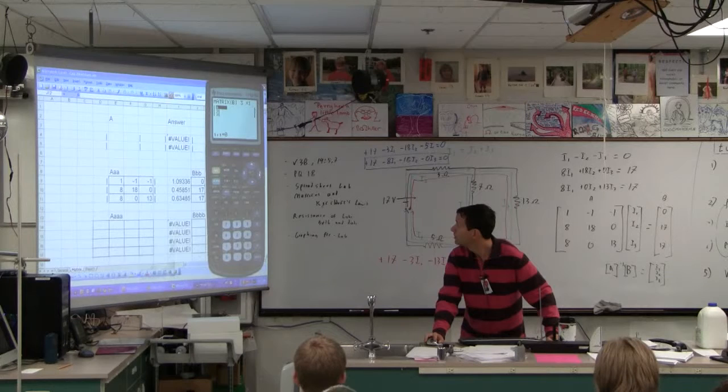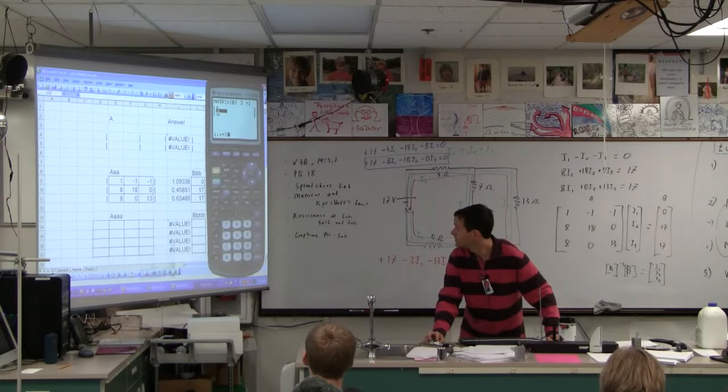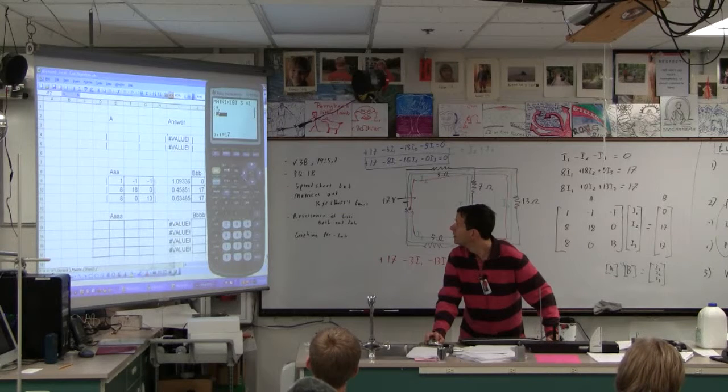And then 0. Zero is what I want there. And then I want these guys to be 17. And 17. Right? And then I'm done, aren't I? How do I get out of this? Just clear? Second mode. Quit. There we go.